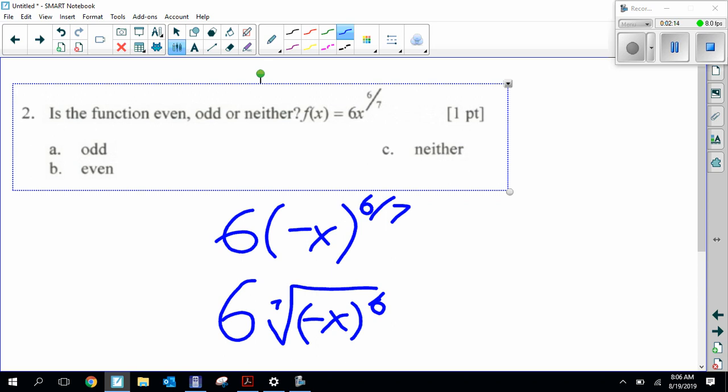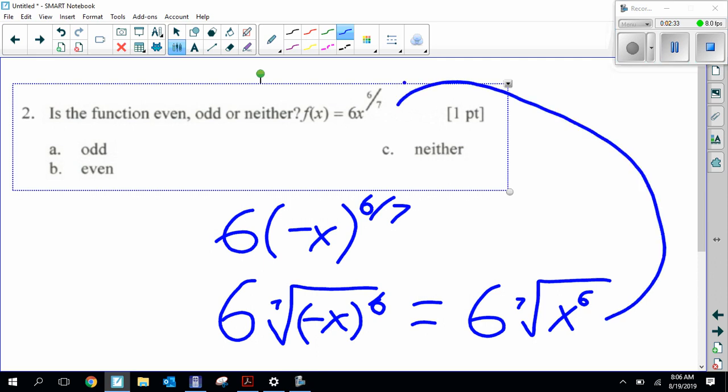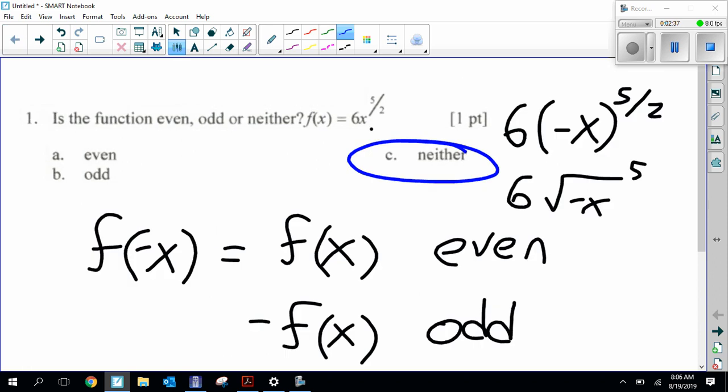Since it's an even exponent, it's going to cancel out the negatives. And when we compare this to the original, that's the exact same thing we started with. So referring back to what we wrote before, when you plug in a negative and you get the exact same thing we started with, that's an even function.